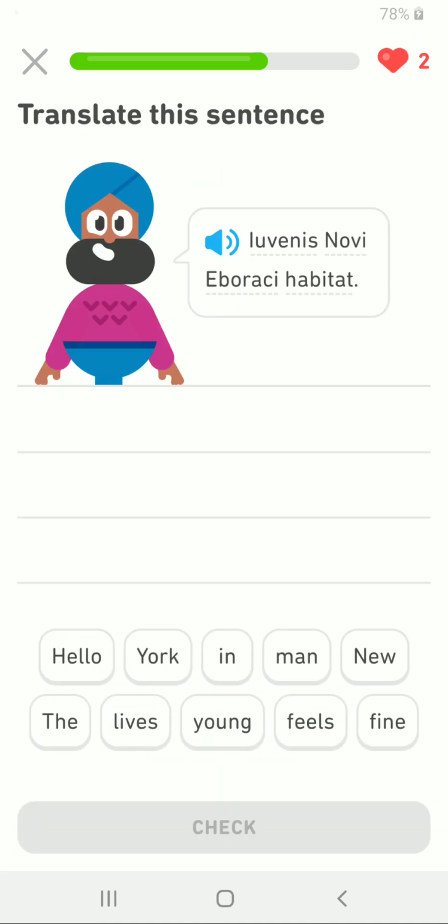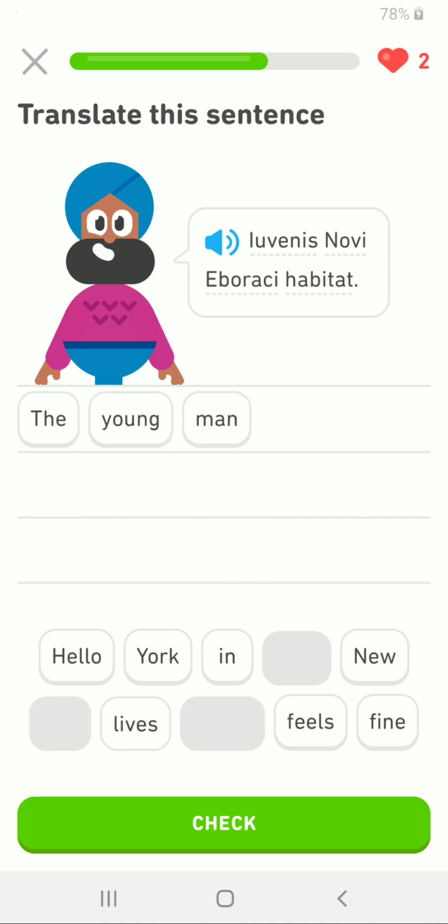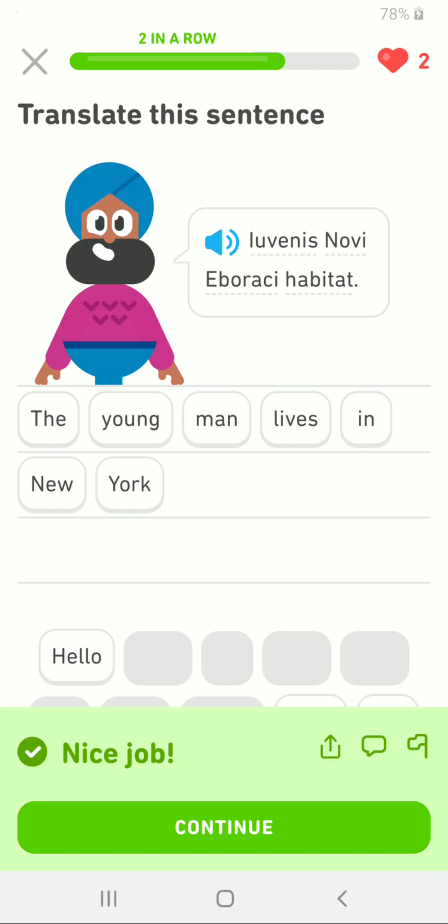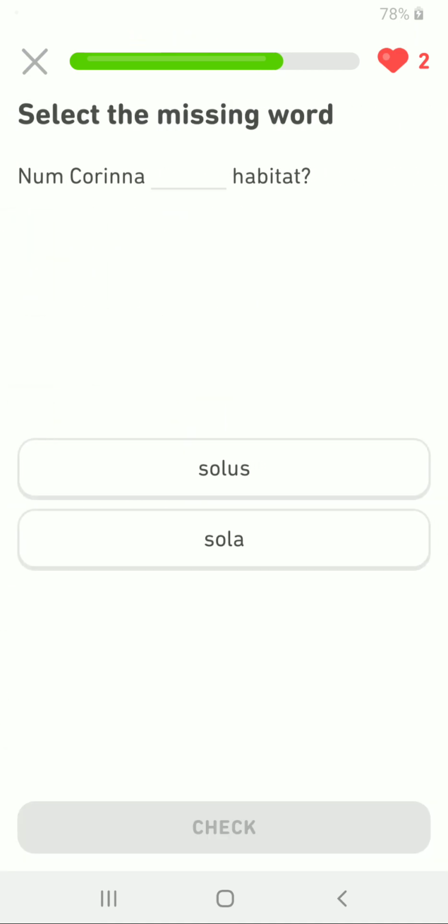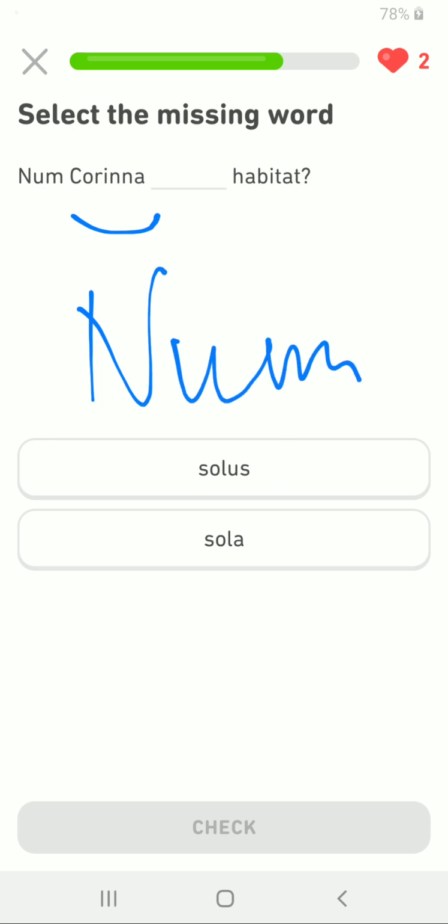Juvenis Novi Eboraki habitat. So the young man lives in New York, of course. Num Corina sola habitat. Sorry, I think I'm getting tired.